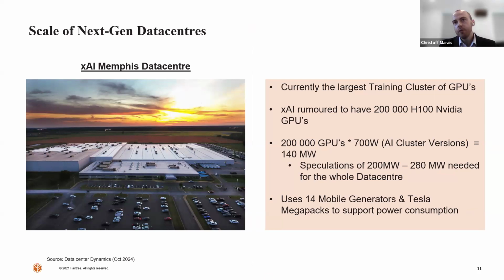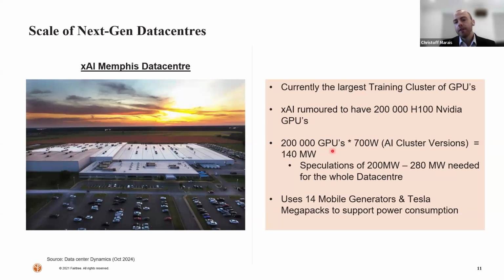But just using that 200,000 GPUs, to put that in context: 200,000 GPUs, at least the AI cluster versions, use around 700 watts of power each. So the GPUs alone use 140 megawatts. Generally there is a rule of thumb for data centers: total power usage is 2 to 2.5 times that of the GPUs.